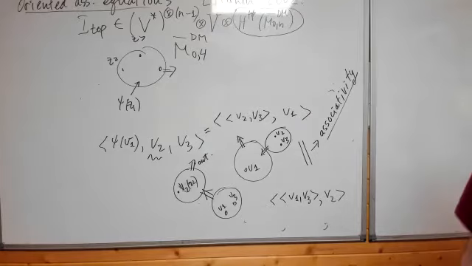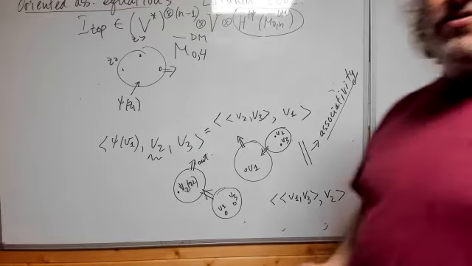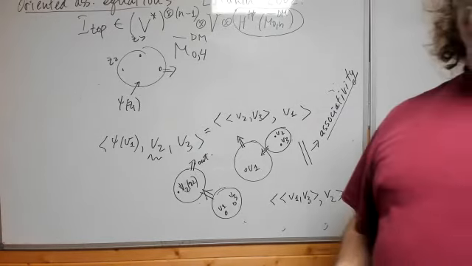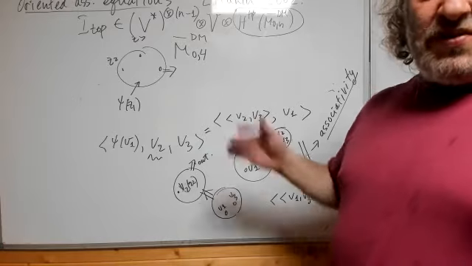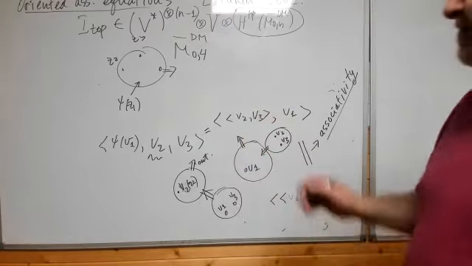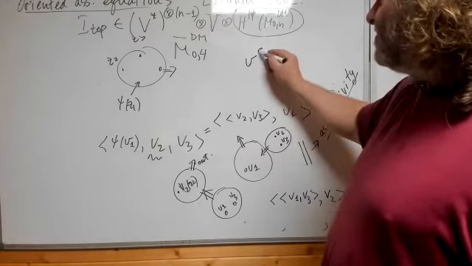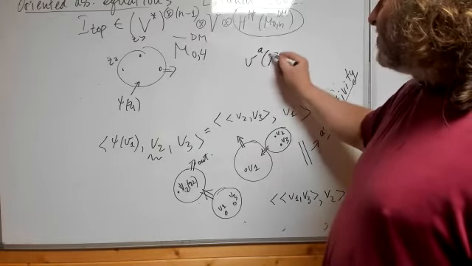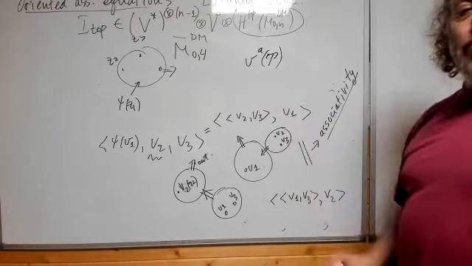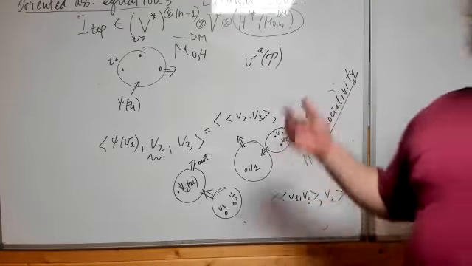Now, let me consider an important remark that physicists observed at the very beginning when they started to do all this stuff. Consider a solution to oriented associativity.